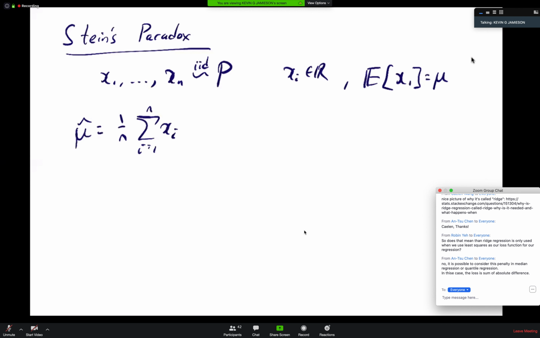And now, because these numbers can be anything, they can have any mean at all, it seems bizarre that biasing yourself towards some solution would ever help.